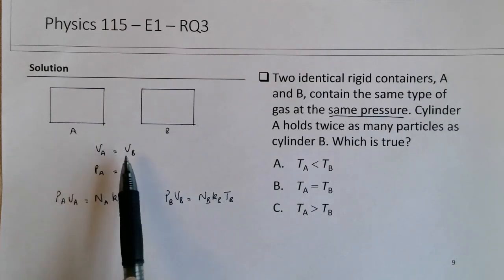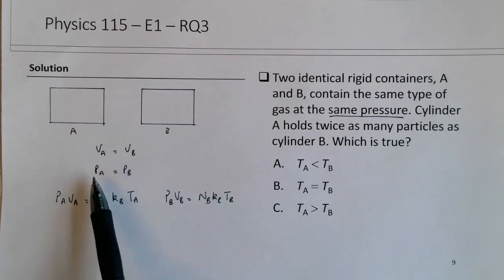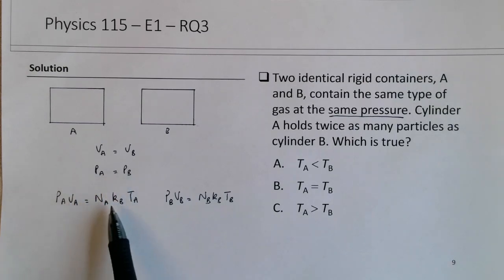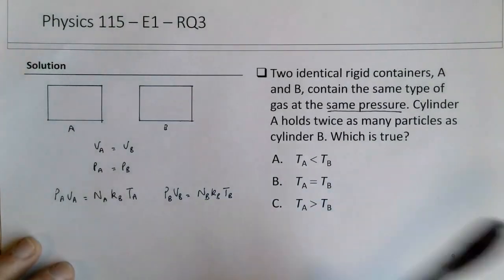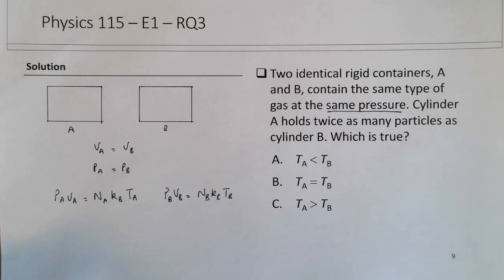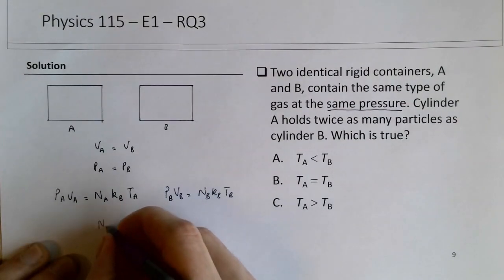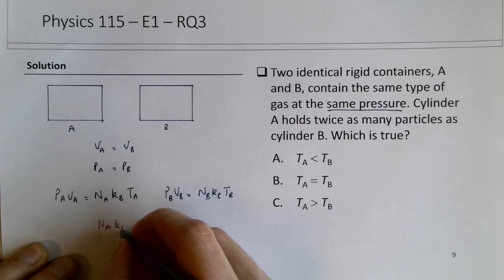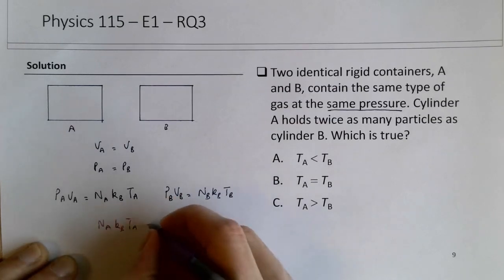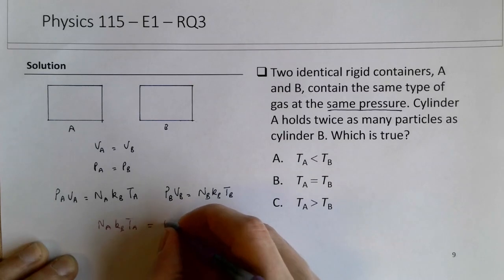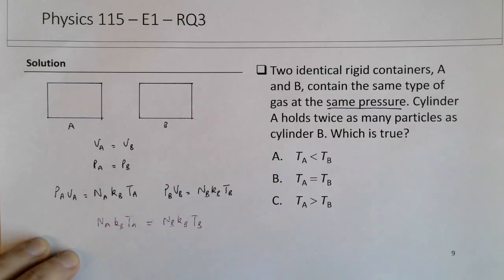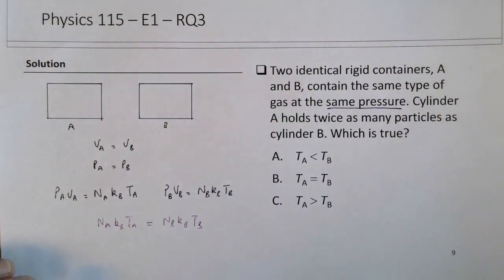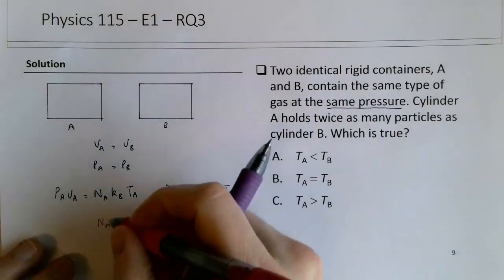I know that if VA equals VB and PA equals PB, then the quantities on the right hand side of the equations are equal to each other. So I can make that step. NA KB TA equals NB KB TB, and then we can go ahead and cancel out Boltzmann's constant.